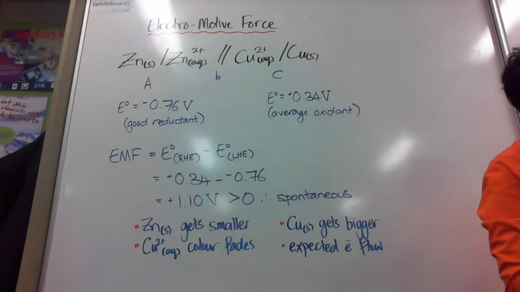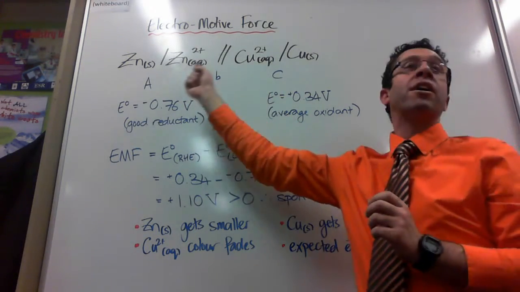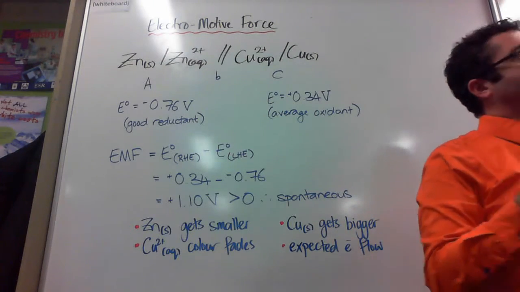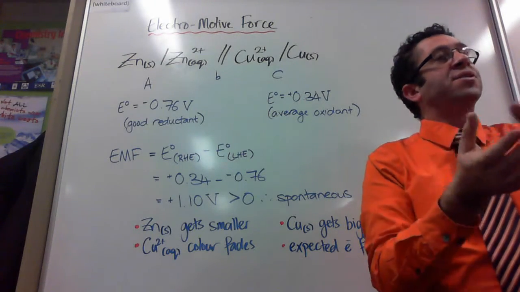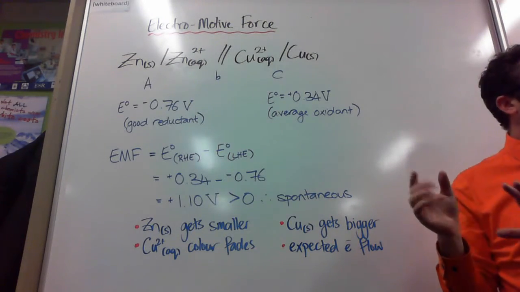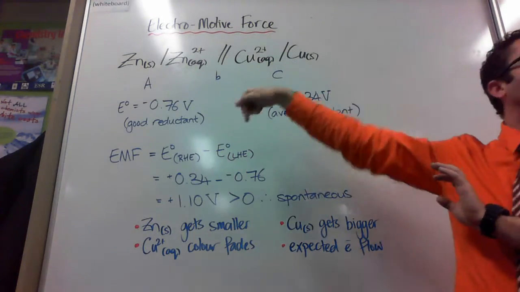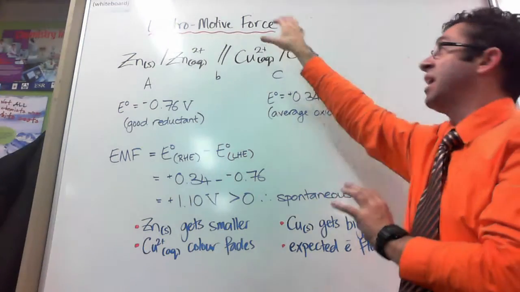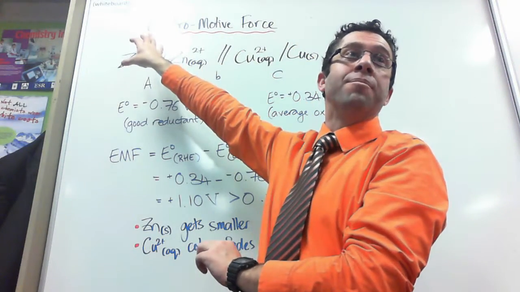So if you get a negative value, you've done the cell diagram incorrectly. However, it's still worth saying it's negative, so it's not spontaneous. That doesn't mean it doesn't happen, it means it's the opposite: the electrons are flowing in the opposite direction.